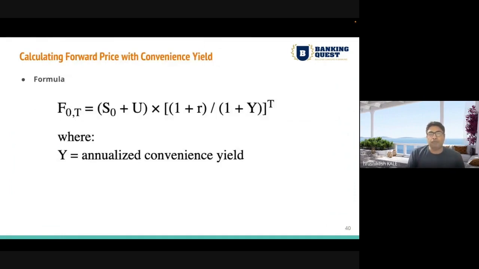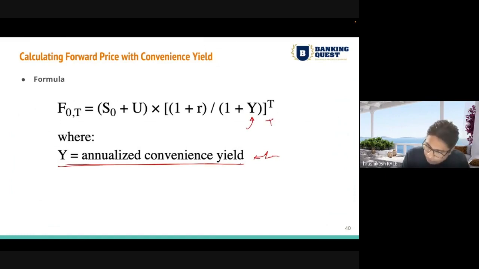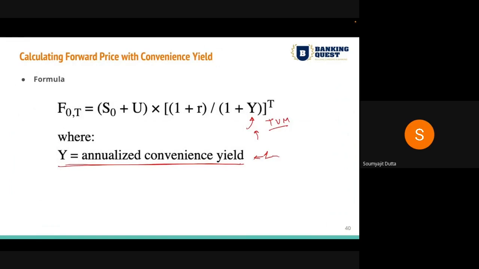Now, because it is a convenience yield, it's an income and it should be subtracted. Because it is in time value of money, it is divided. So it's the opposite of storage cost.